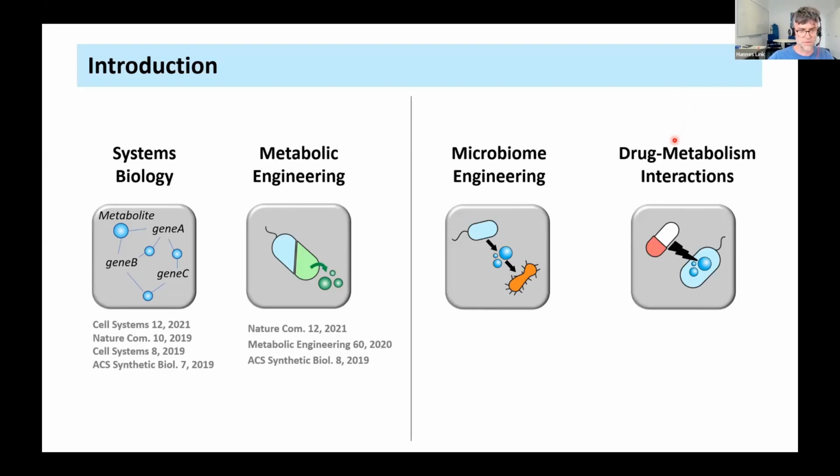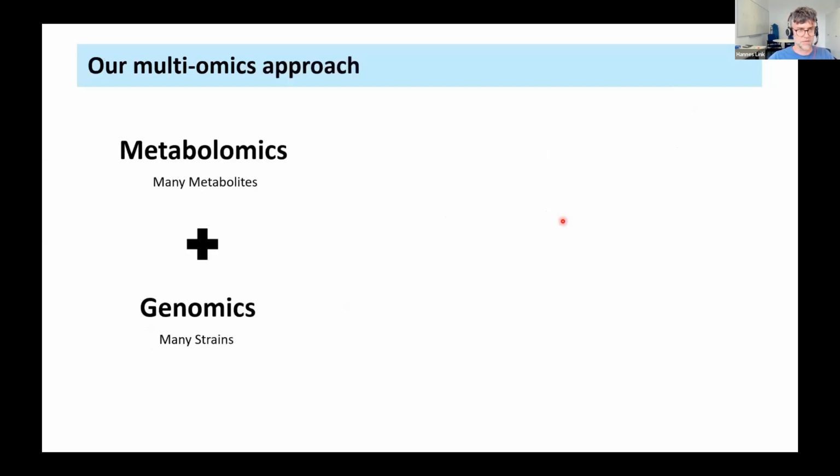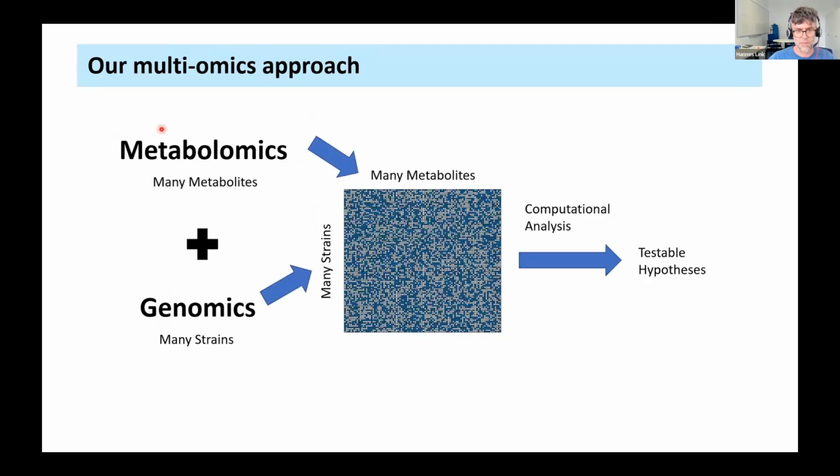And in all of these fields, it's very important for us to measure metabolism, and to measure it in a very fast way, because one of our main approaches is a multi-omics approach, where we use a genomic approach. So we create many strain variants, mainly using CRISPR, where we have hundreds, thousands of strains. And then we combine this with our metabolomics methods to see what is happening in these cells. And the data we get looks like this.